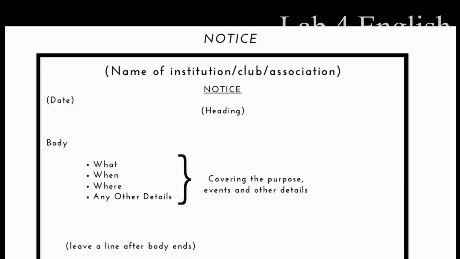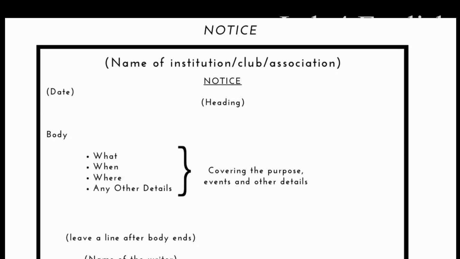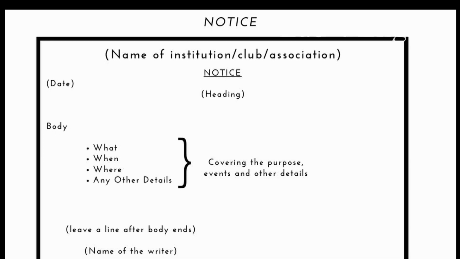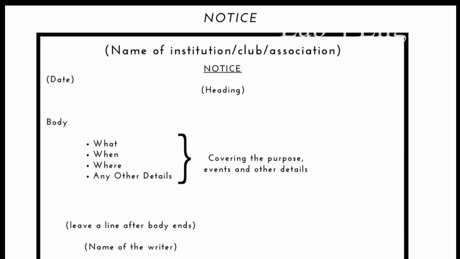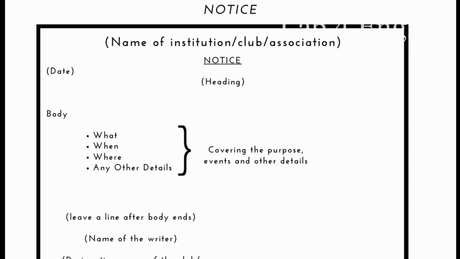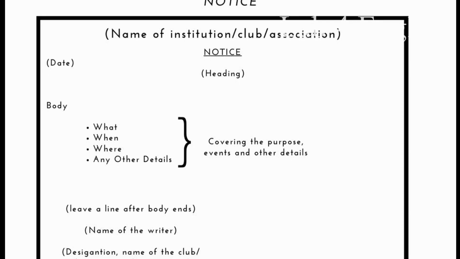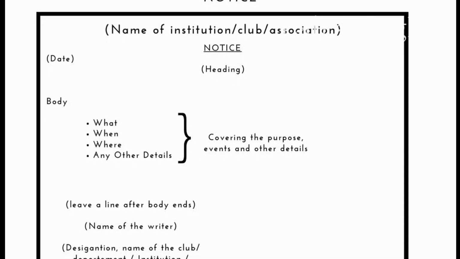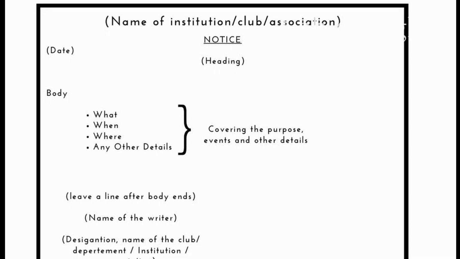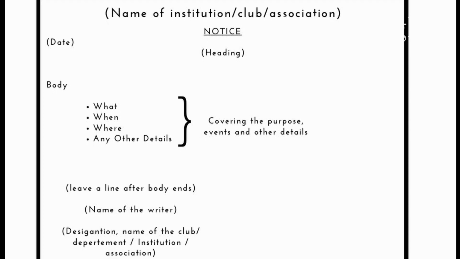Then starts the body. Now the body will start from column number 1 and it has to go continuously. As I said before, we have to avoid the use of personal pronouns and we need to include all possible details with respect to the event or organizing any trip or anything for that matter.